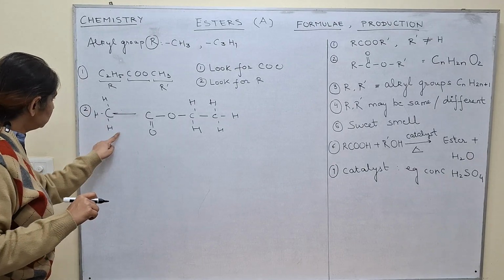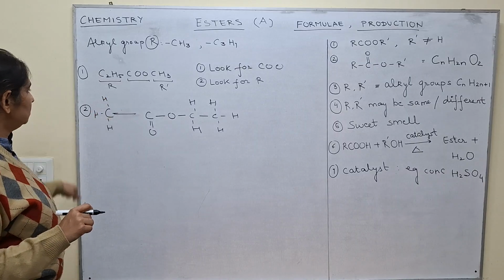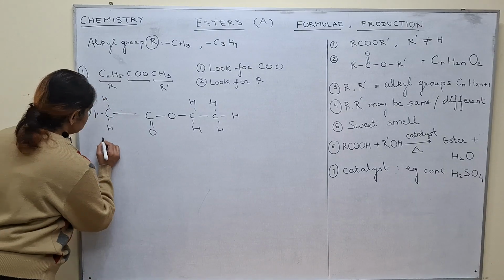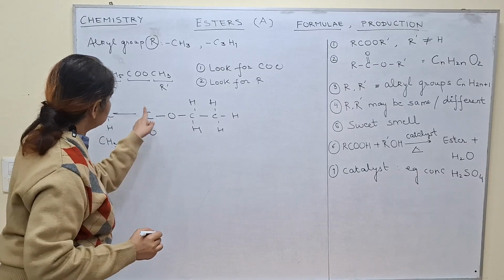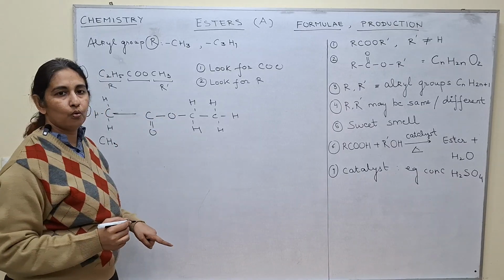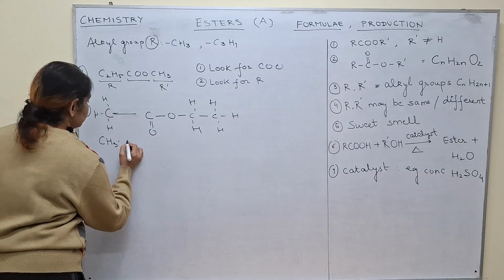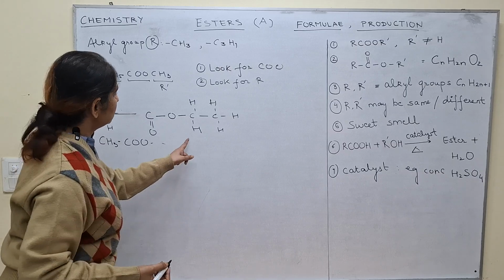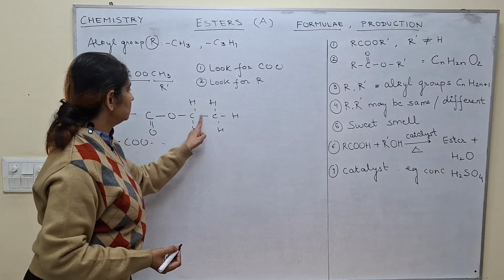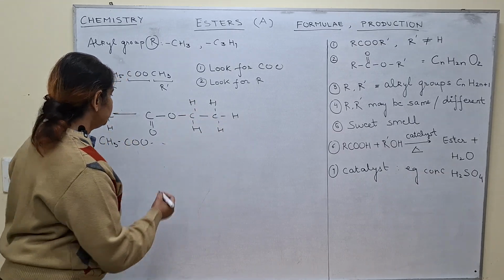What is this? This is CH3. What is this? COO. Okay, so we have COO. Then what is this? This is C2 and H5.